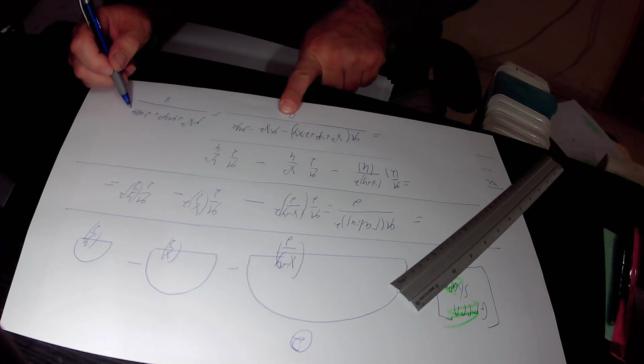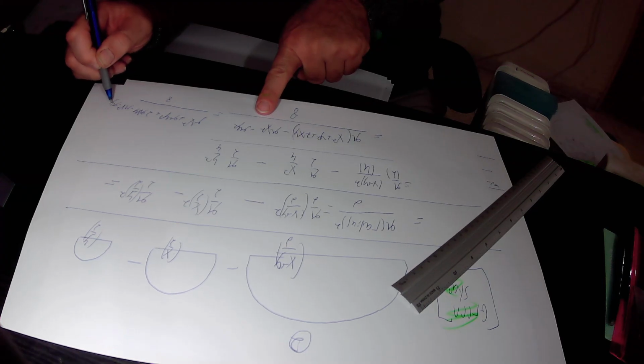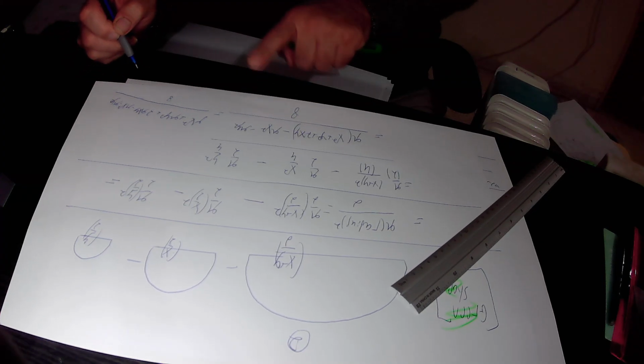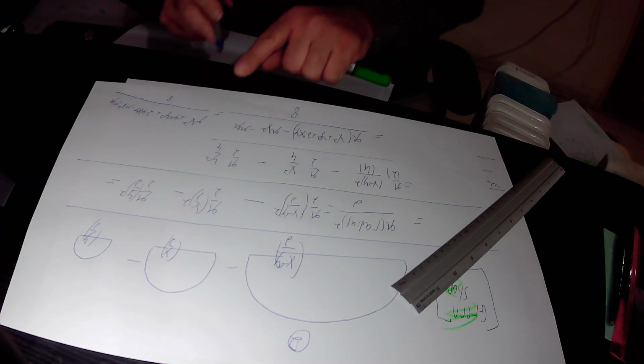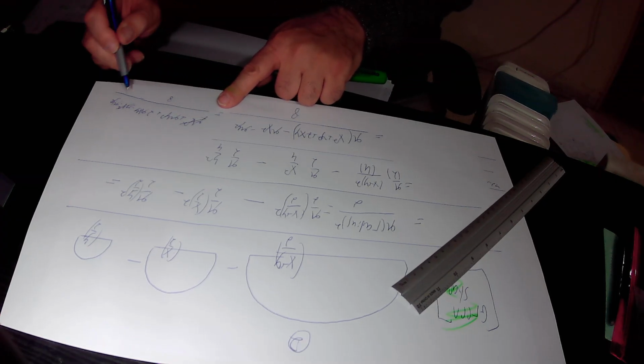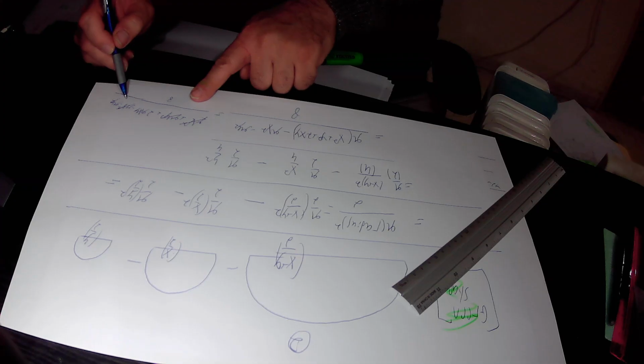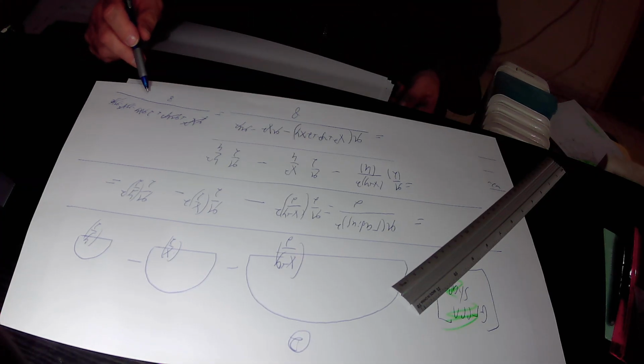This is minus pi x squared minus pi y squared. Here we have pi x squared minus pi x squared is 0. We have pi y squared minus pi y squared, this is also 0. So in the numerator of this expression, we have only 2 pi xy.